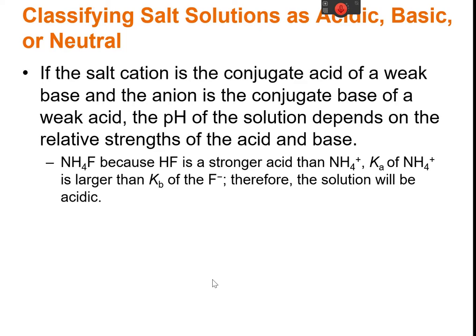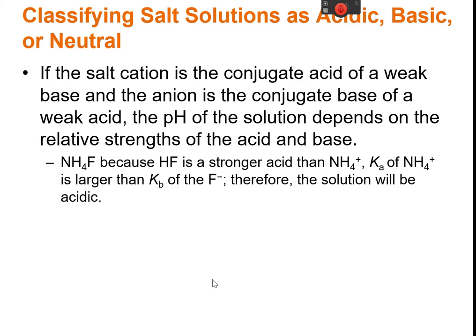Then you have to look at it in a bit more detail. So here we're looking at an example of NH4F. The NH4 is the conjugate acid of ammonia, which is a weak base. The fluoride ion is the conjugate base of hydrofluoric acid, which is a weak acid.